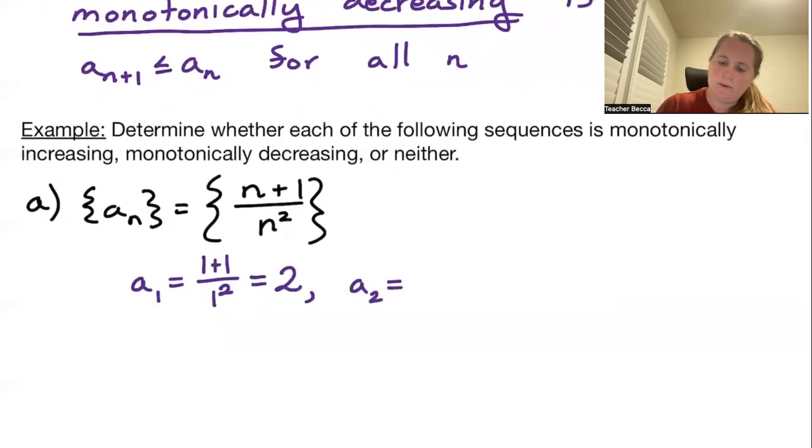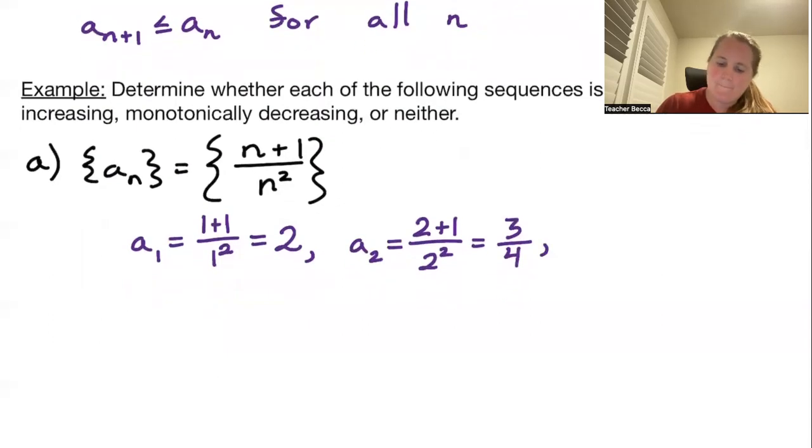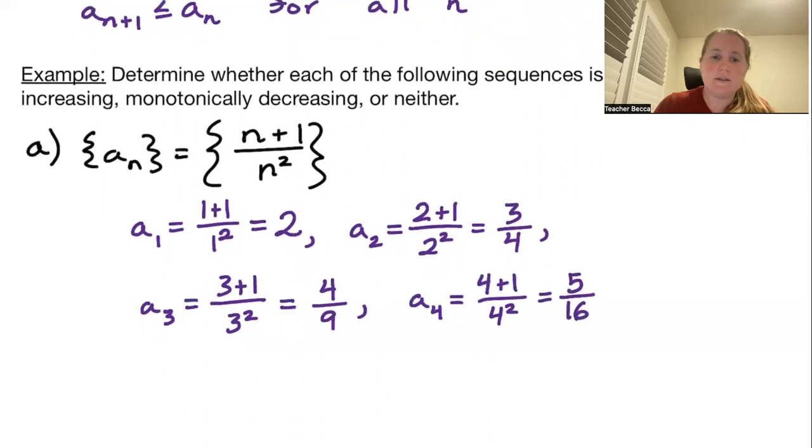A sub 2 is 2 plus 1 over 2 squared, which is 3/4. A sub 3 is 3 plus 1 over 3 squared, which is 4/9. A sub 4 is 4 plus 1 over 4 squared, equals 5/16. And it certainly appears to be monotonically decreasing.